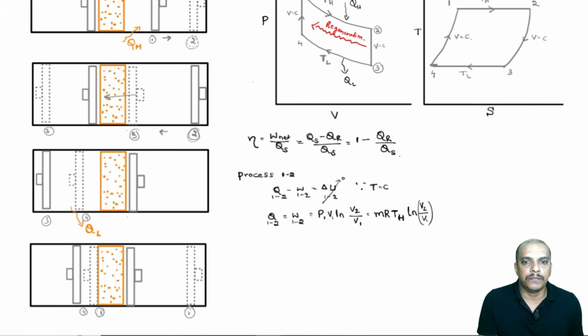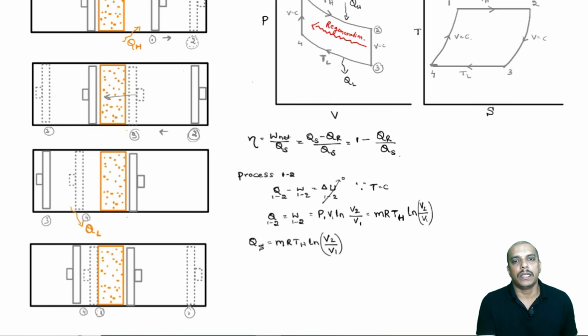Now, actually this is heat transfer, but even if you try to write heat addition or heat supplied QS, it is the same, so no need to worry about the signs. This is going to be a positive answer because V2 is greater than V1. So, I will write QS is equal to mRTH ln of V2 by V1.